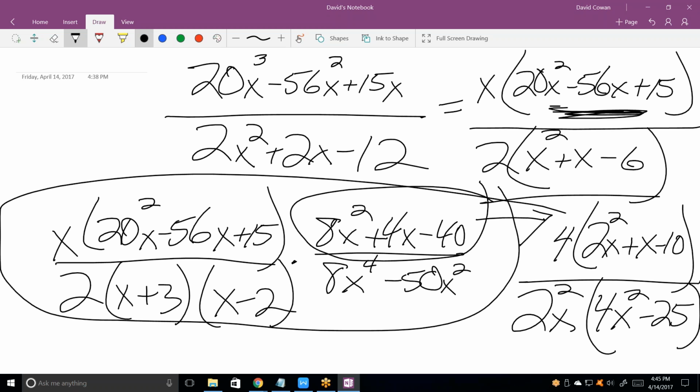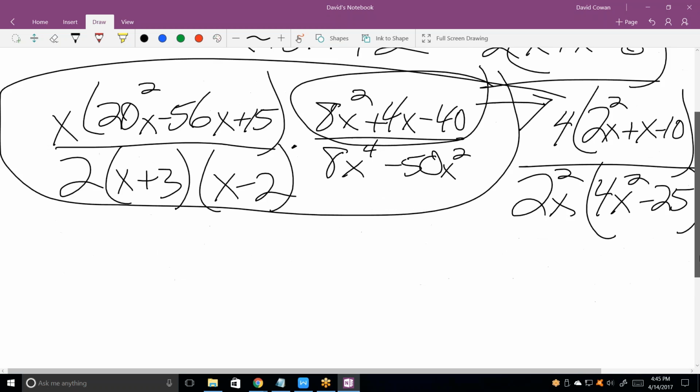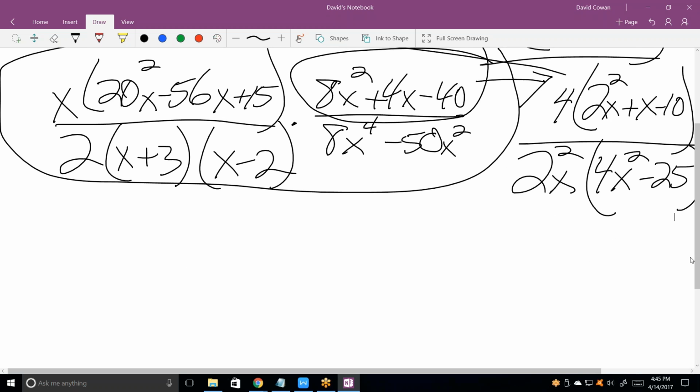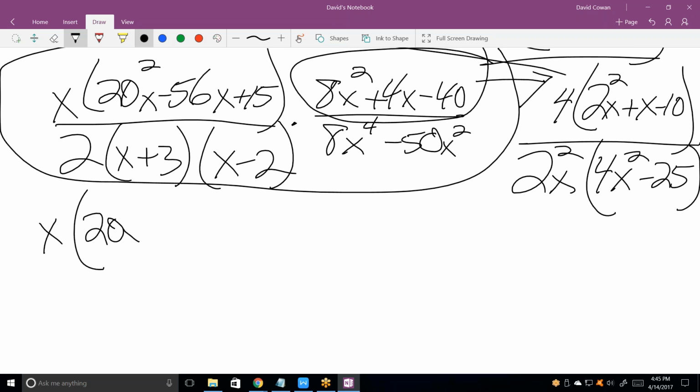Wow. Okay. My problem is that my chalkboard's not big enough. So let's see if we can rewrite this. I still think that probably factors, but let's not worry about it yet.